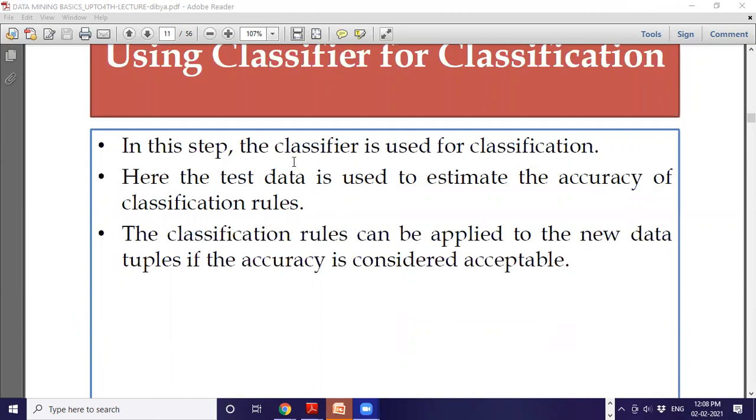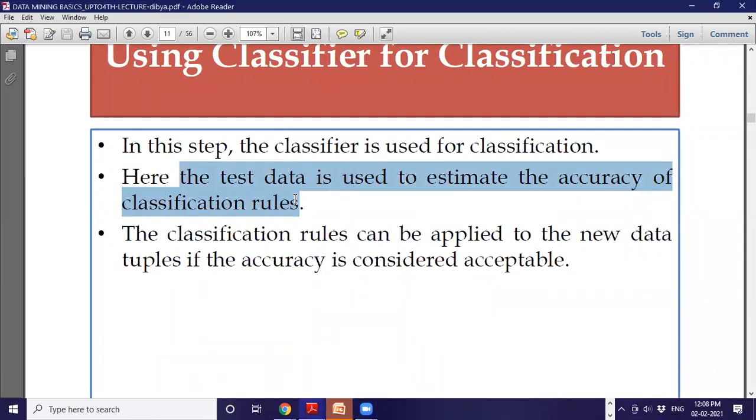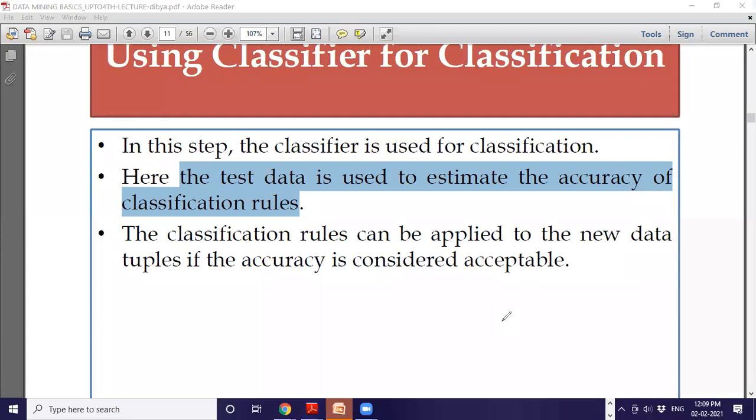Then you got it, that classifier we use for classification. Then the test data is used to estimate the accuracy of the classification rules. Let me first clear this point. First, we have this training data, with the help of which we have trained our model.